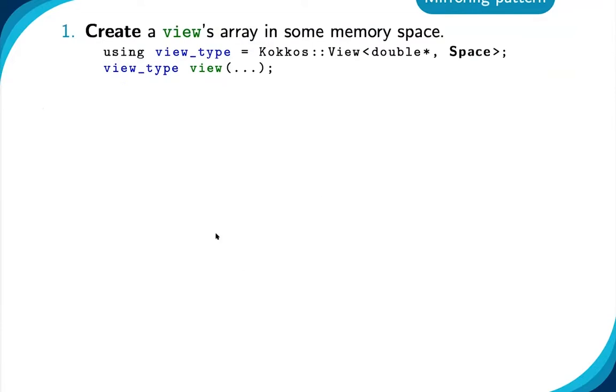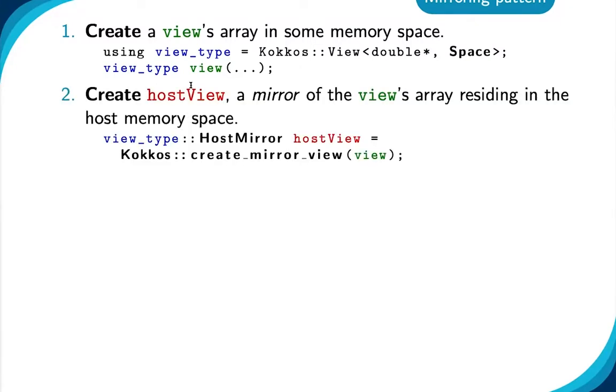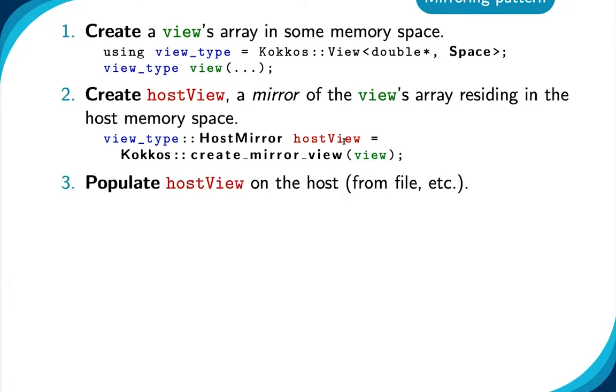So how does that work as a whole mirroring pattern? As said, you first create the originator view, and usually that's your device view. Then you create a host view using the HostMirror typedef, which is part of the view type, and you use it via create_mirror_view. Actually, nowadays a lot of people, in particular if you just create it temporarily, which may or may not be a good idea, just do it via auto.